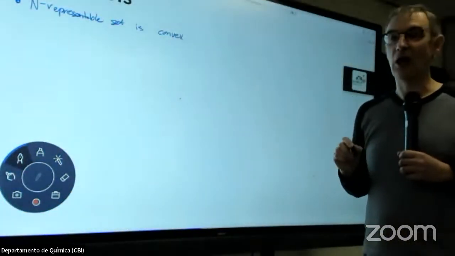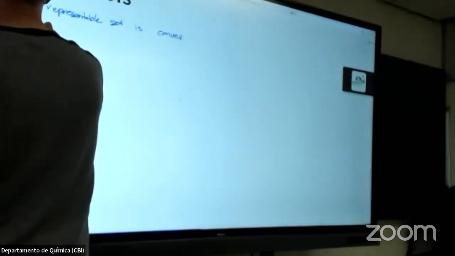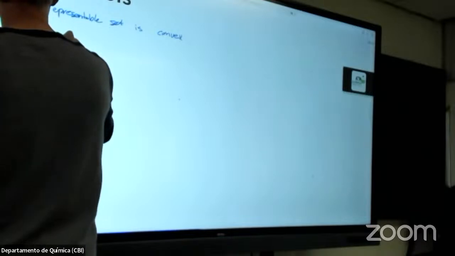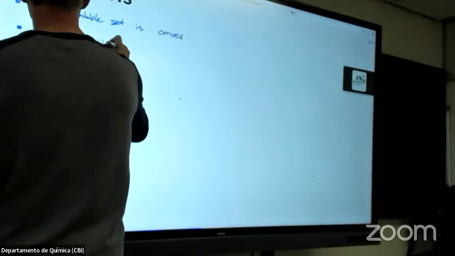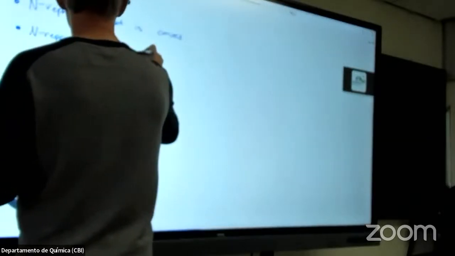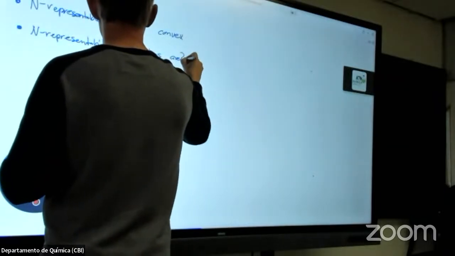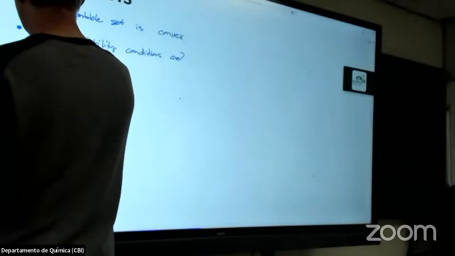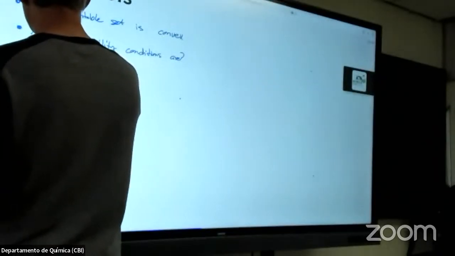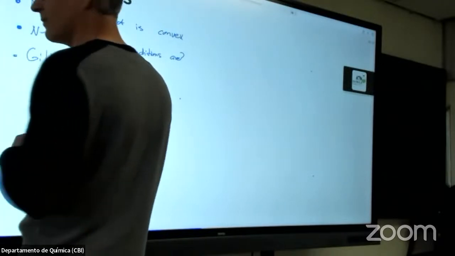I'd like to understand what the conditions are for something to be irrepresentable. And I'd like to be able to look at this Gilbert theorem, okay?